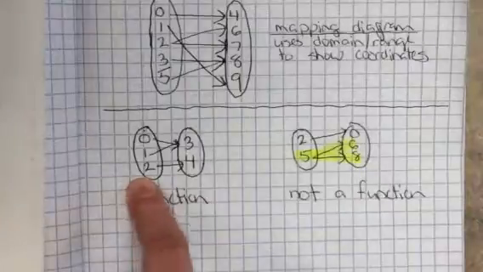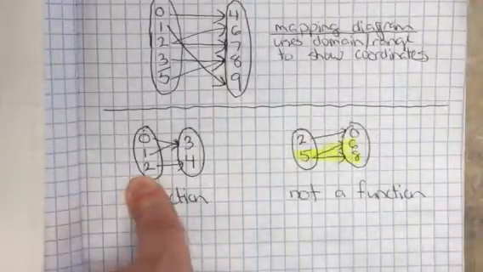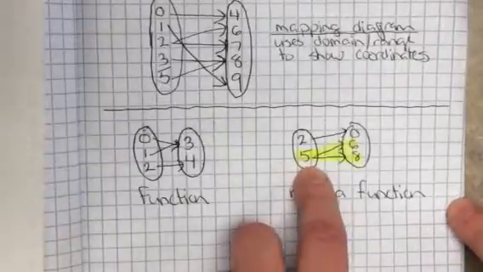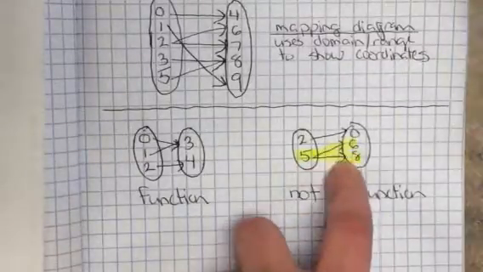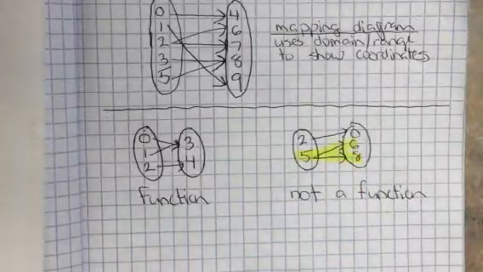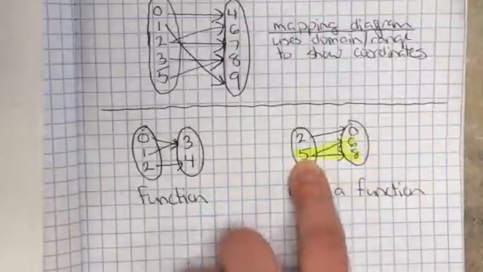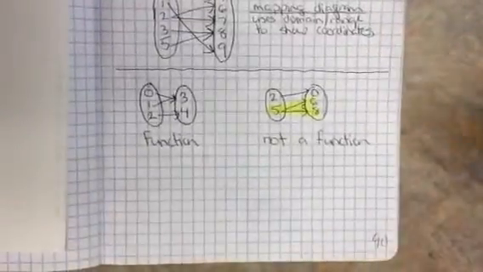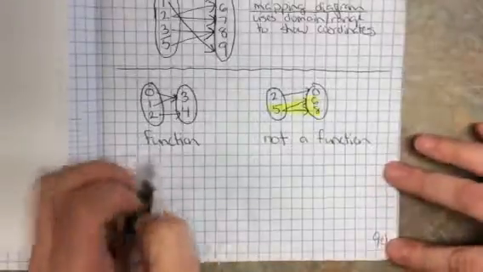If every x that I send out comes back with one answer, so basically every input only has one output, then it's a function. But if I have an input and I go, what's the output? And you go, there's more than one, then it's not a function. So the rule for a function is that every input can only have one output that goes with it. So this input has 2 different outputs, so it's breaking the rules. So I'm going to add that in here because that's basically what a function is. In order for something to be a function, every input has one output that goes with it.